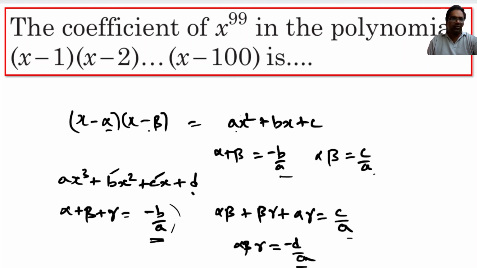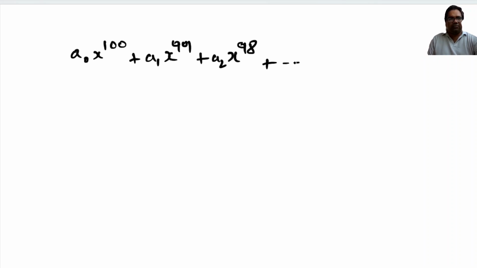The degree of the polynomial is 100. Naturally, if we do the multiplication, we'll get something like a0 x power 100 plus a1 x power 99 plus a2 x power 98 plus up to a99 x plus a100 x power 0, that is the constant.